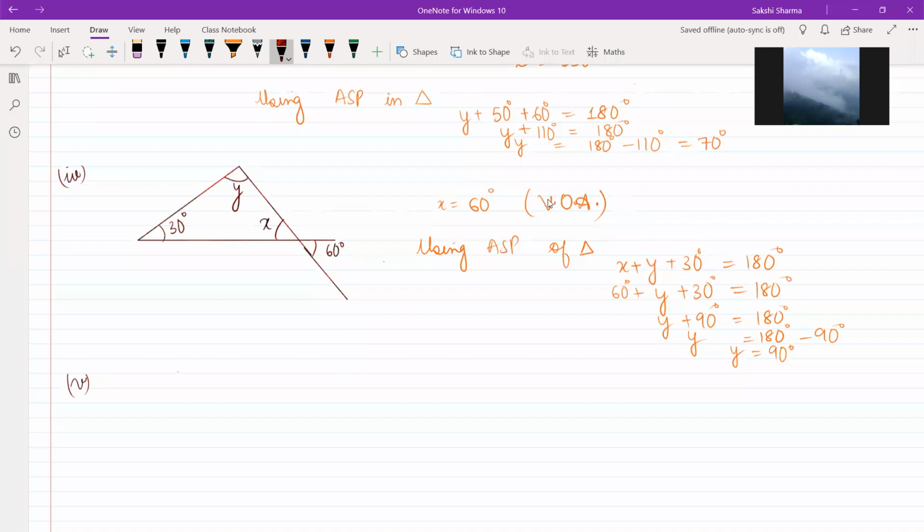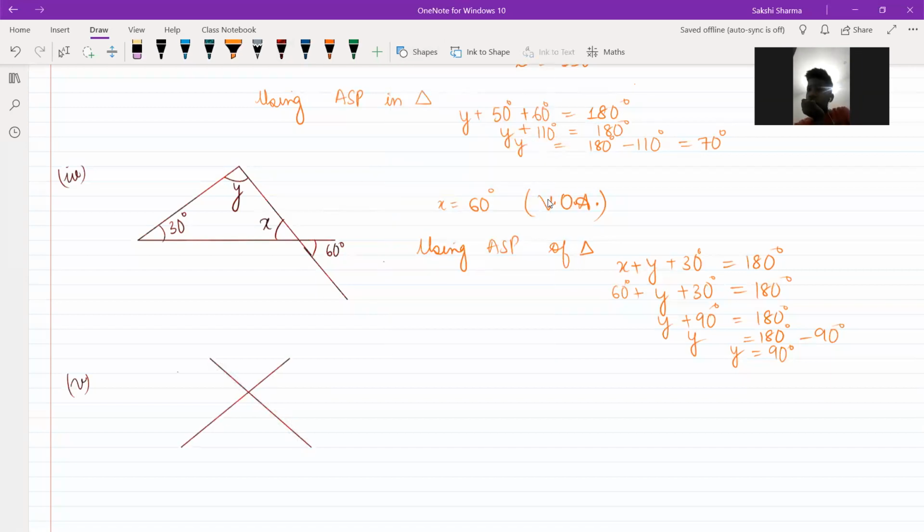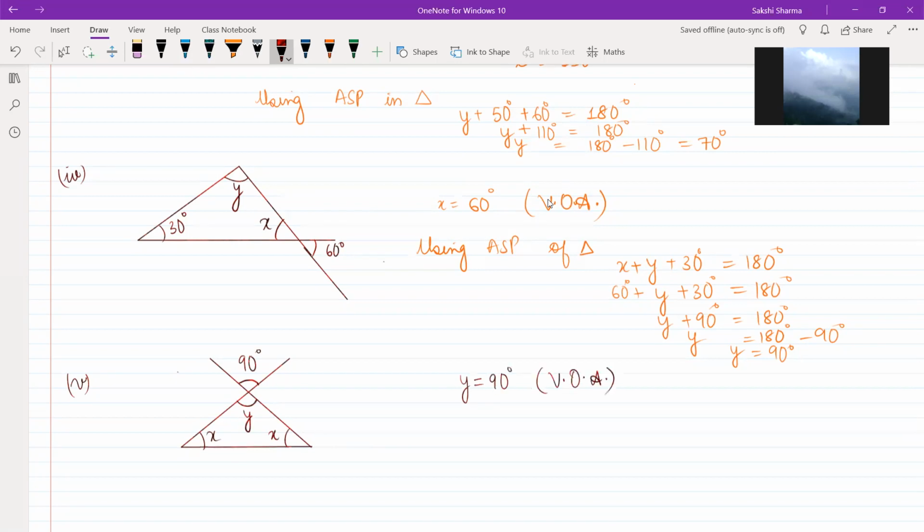Let's do part 5. I'm going to draw the figure first. So you have 90 degrees here, X here. Sorry, this is Y. This is Y, this is X, and this is X. Just like the previous part, you have a pair of vertically opposite angles. So Y will be equal to 90 degrees. These two are forming a pair of vertically opposite angles.